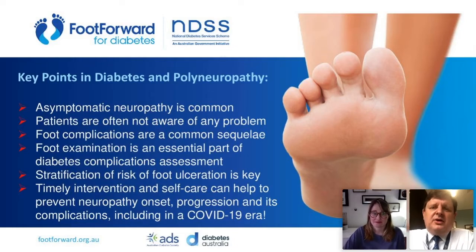Well, as we know, we can help prevent the onset and progression of peripheral neuropathy in diabetes. Unfortunately, at this stage, we don't have clear evidence-based medicines that can reverse the peripheral neuropathy.